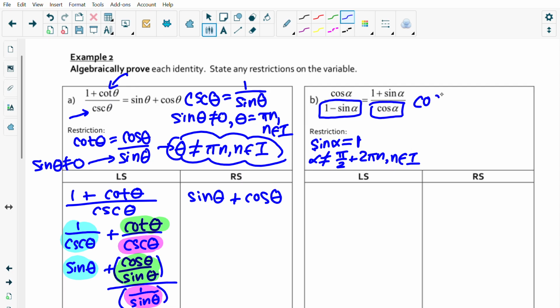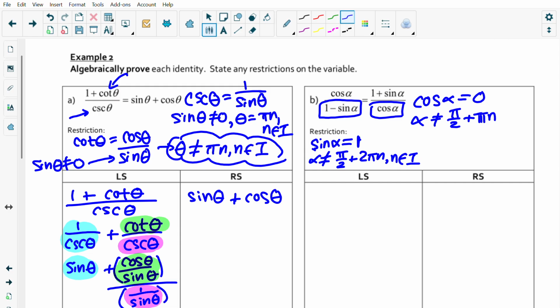Number 2, restriction: cosine of alpha, I cannot have that equal to 0, so alpha cannot equal... Where's cosine of alpha equals 0? Well, that's at pi over 2, and that is at pi n, because I can get a cosine value that's equal to 0 at pi over 2, 3 pi over 2, and every pi units thereafter.